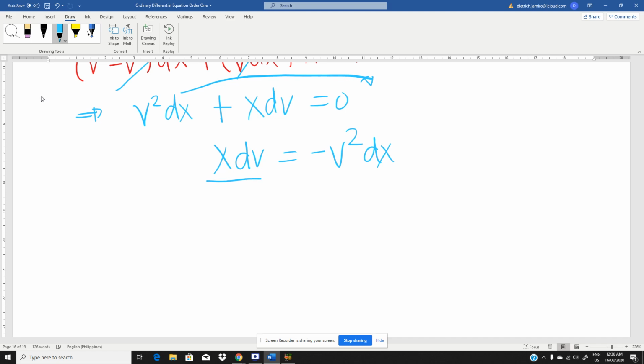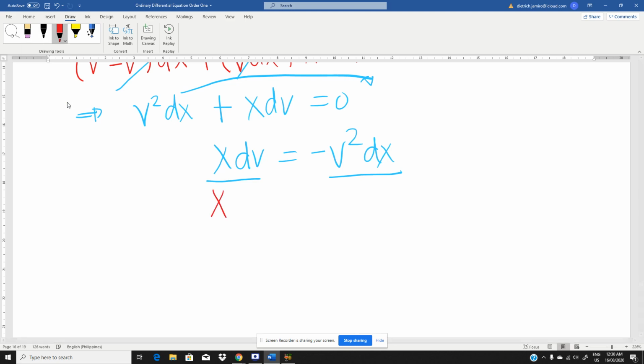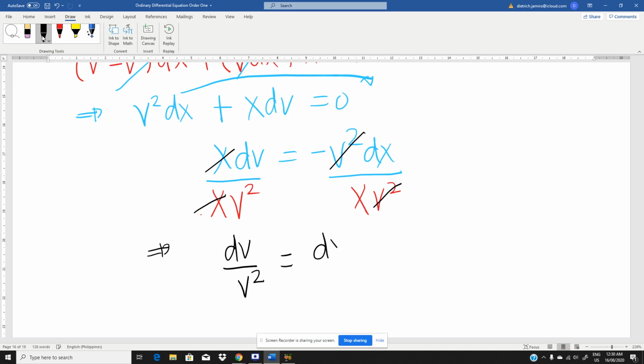Then dividing both sides by x and then v², as you can see on our left side, x will cancel out, and on our right side, v² will cancel out. So we will have dv over v² is equal to dx over x.